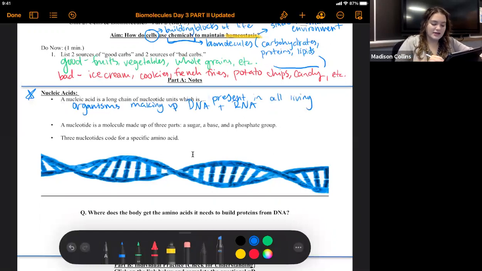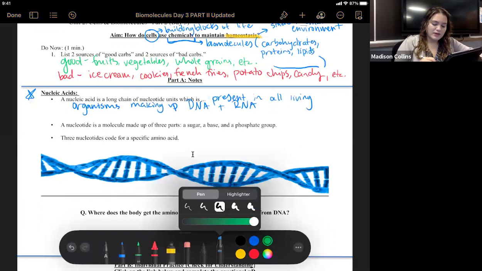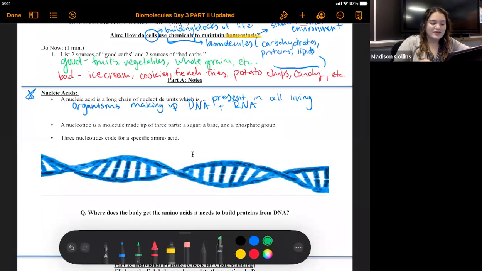You might have heard of DNA before, I hope you have, but I don't know if all of you remember what it stands for. So we're going to go over what each of these abbreviations stands for. Whenever you hear DNA, that actually stands for deoxyribonucleic acid.